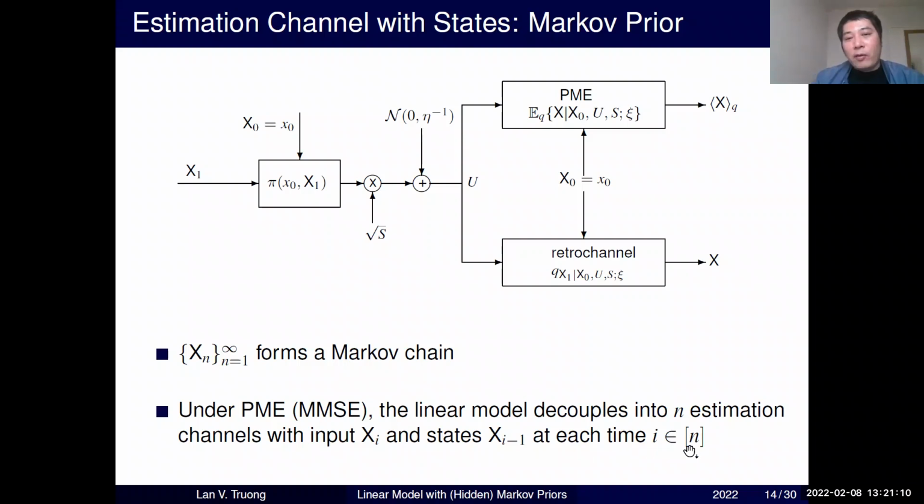This means that we can change the estimation problem in n dimensions, because we would like to estimate the signal x in n dimensions, to an estimation problem in only one dimension.